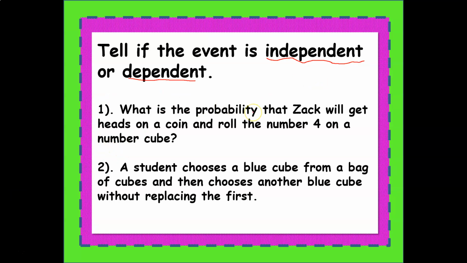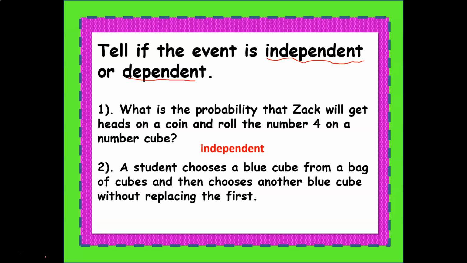So what is the probability that Zach will get a heads on a coin and roll a number 4 on a number cube? Does flipping a coin and rolling a number cube affect each other? Are they going to be independent or dependent? They're going to be independent because flipping a coin and rolling a dice are two separate events.